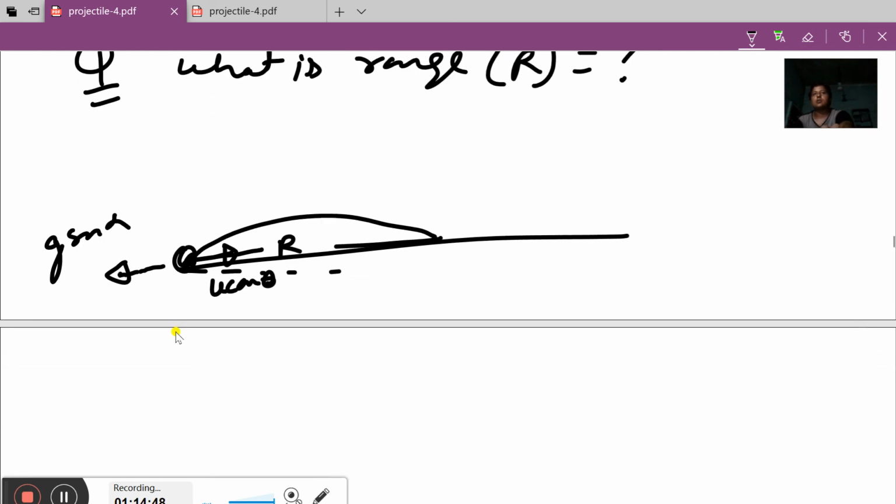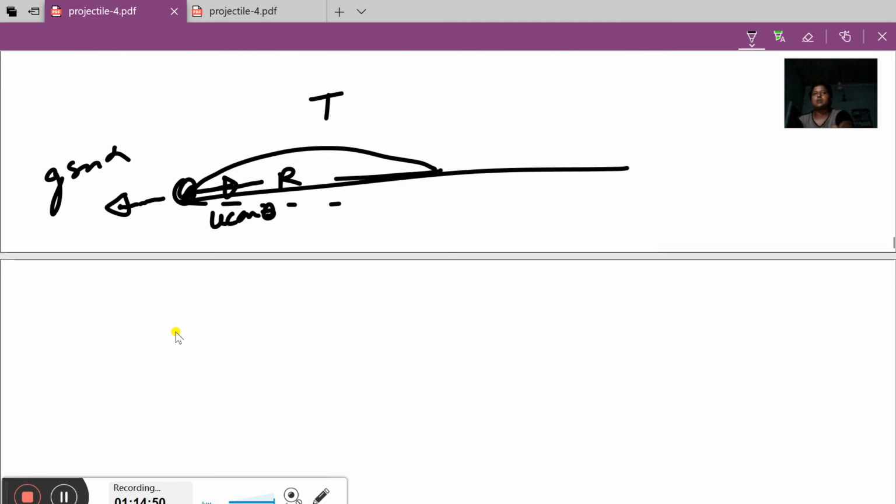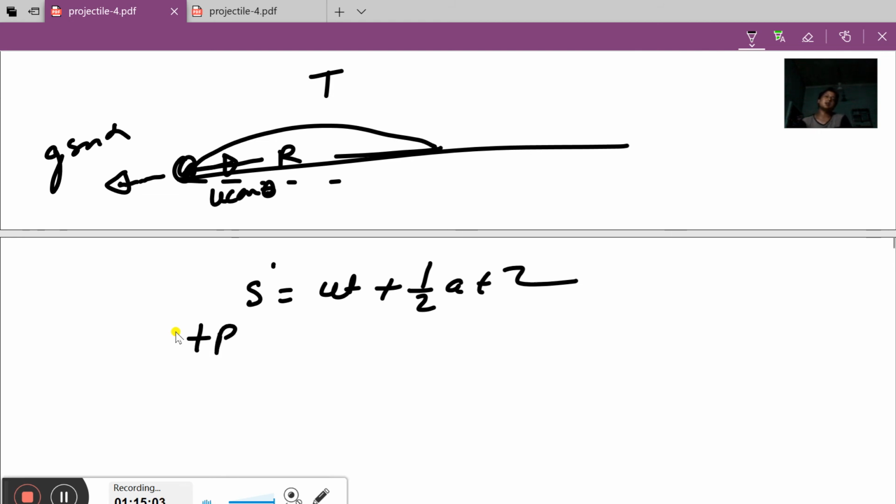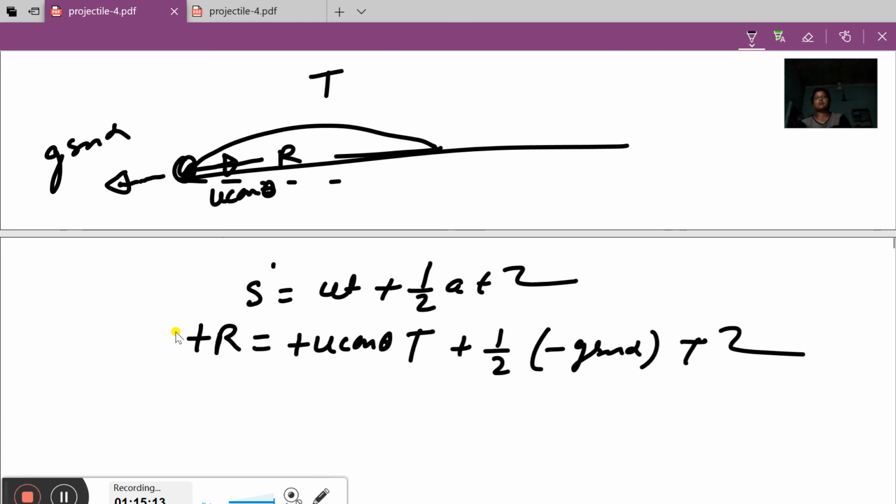So after a time capital T, displacement is R. So s equals ut plus half a t square can be applied, s is R, u is u cos theta, t is T, acceleration is minus g sin alpha into t square.